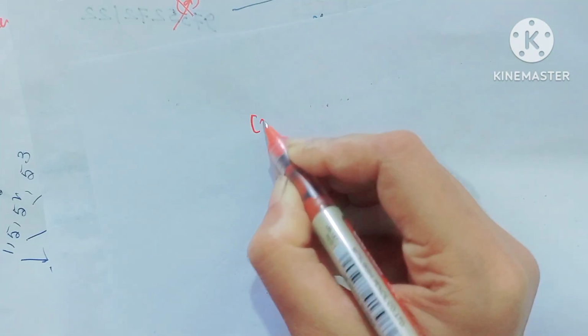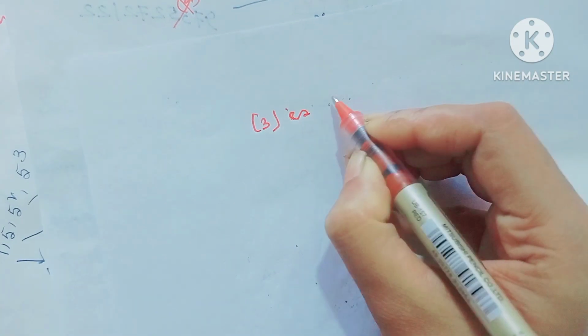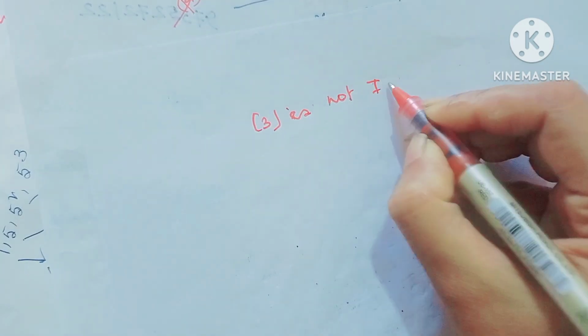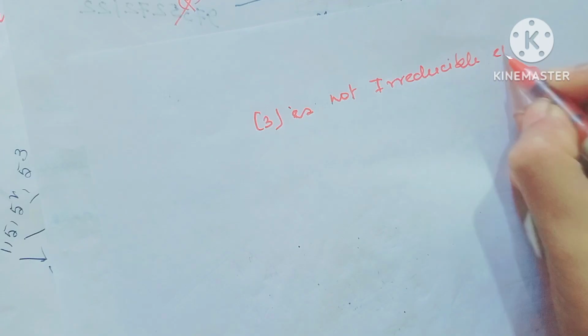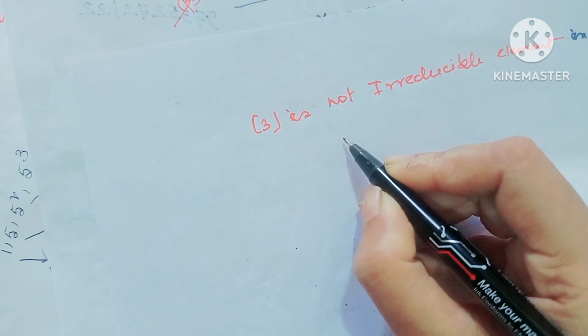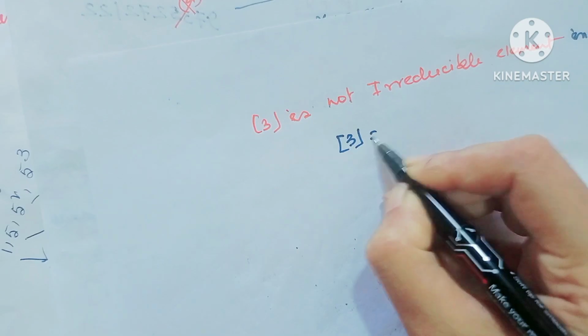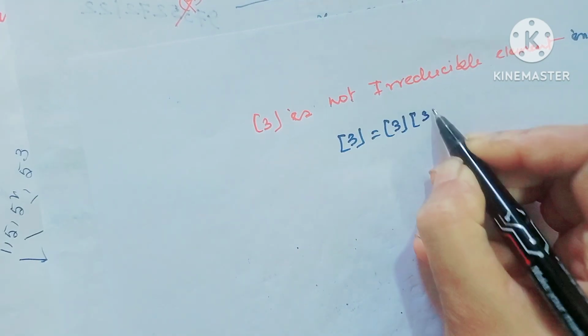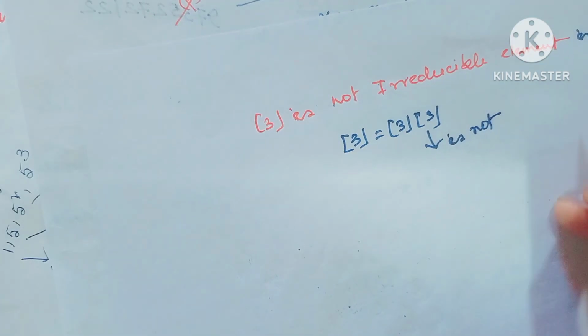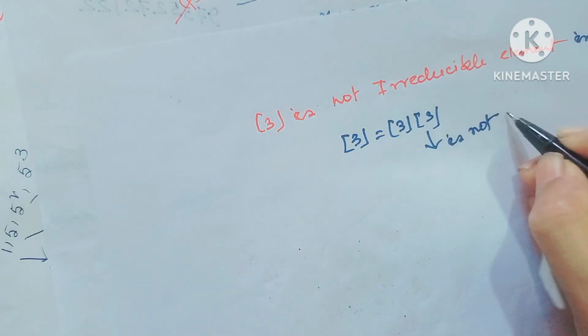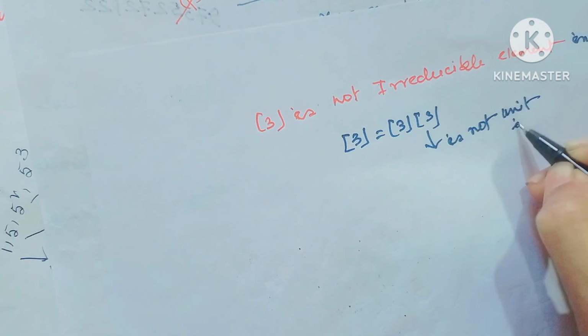But class 3 is not an irreducible element in Z6. Why? Because in Z6, class 3 equals class 3 times class 3, but class 3 is not a unit in Z6.